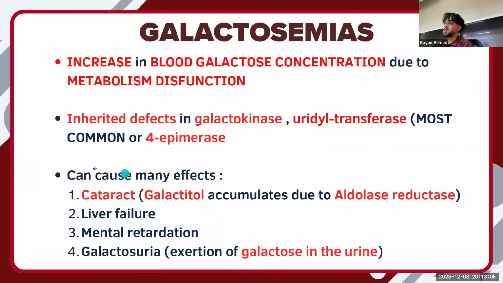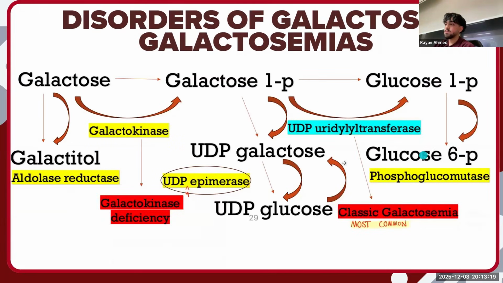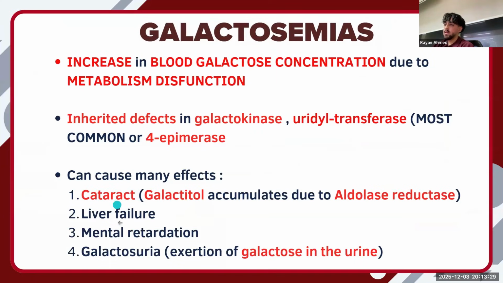Now, these defects can cause many effects. Cataract. Remember we mentioned cataract with fructose being made and sorbitol accumulation. Galactosemias is also another possible way of cataract being formed, by galactitol accumulating due to aldose reductase. This is being accumulated, which leads to cataract due to this enzyme, aldose reductase. Liver failure, mental retardation, and galactosuria, excretion of galactose in the urine.